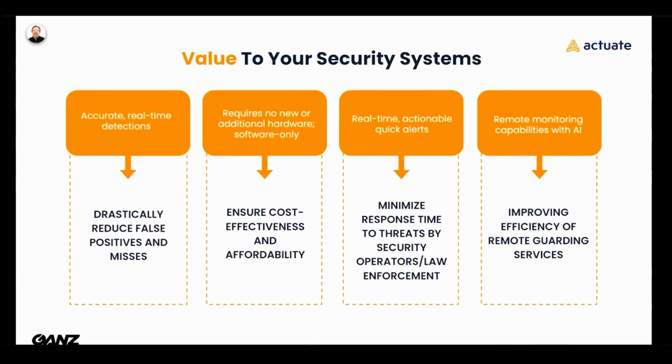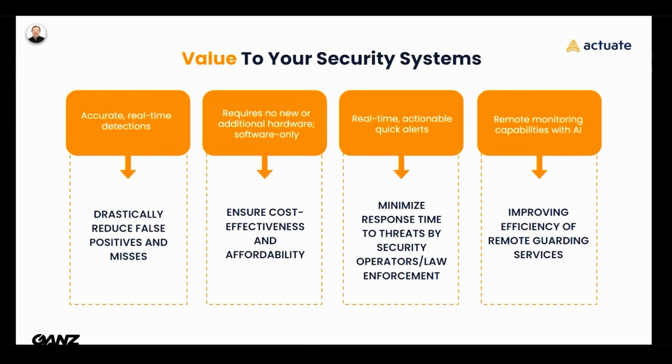All right, so that's a lot of value that's being brought to your security systems with the Actuate AI and the Quattro VMS. So what are some of these benefits? Accurate real-time detections, requires no additional hardware, real-time actionable quick alerts, remote monitoring capabilities with AI.